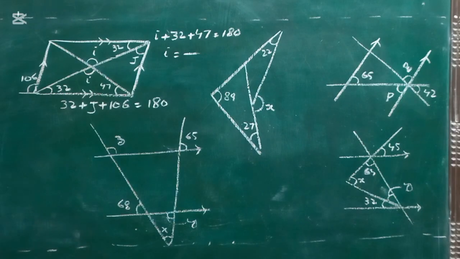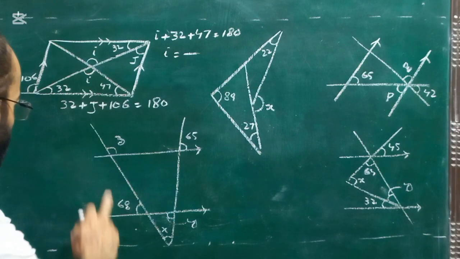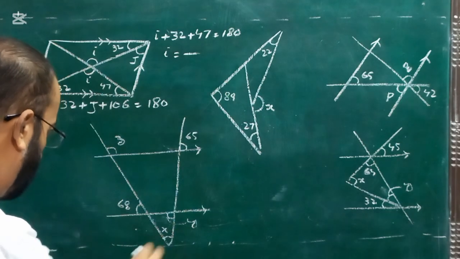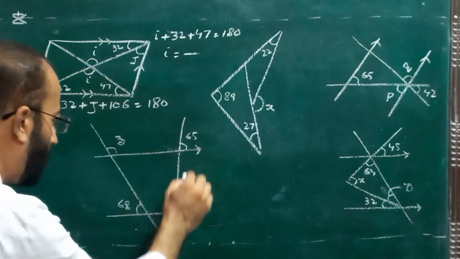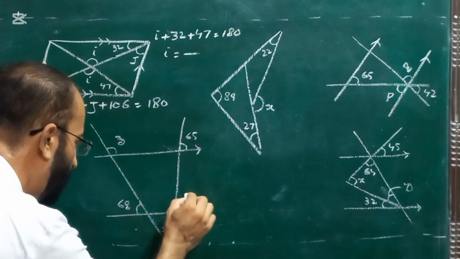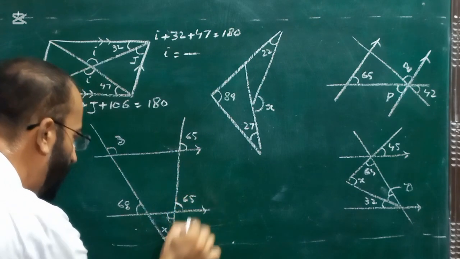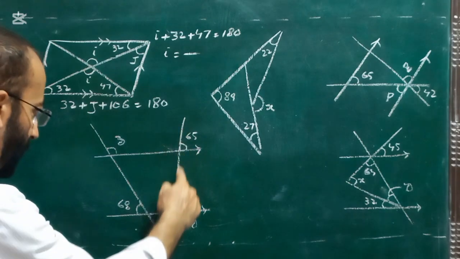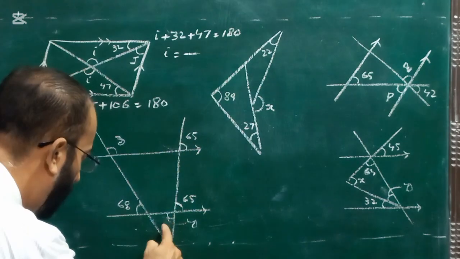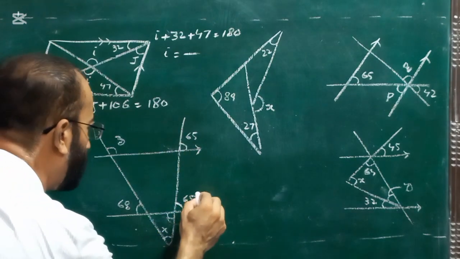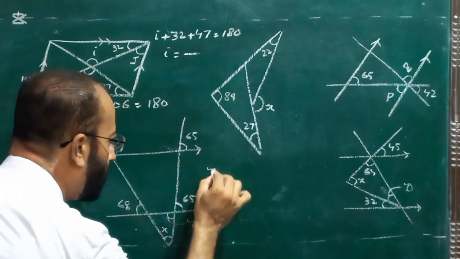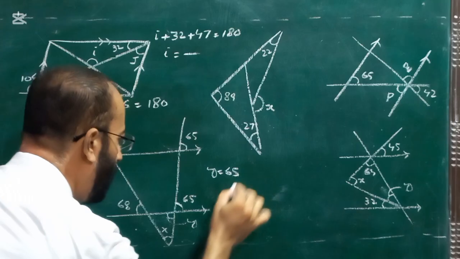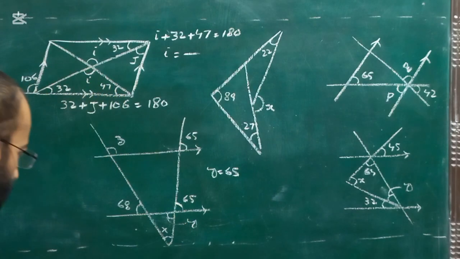If you come into this figure, Z, X and Y are the missing values. Look now, if this is 65, this will also be 65 because of the corresponding angles. These are on the same slope, and now Y will be equal to 65 because of the vertically opposite angles.